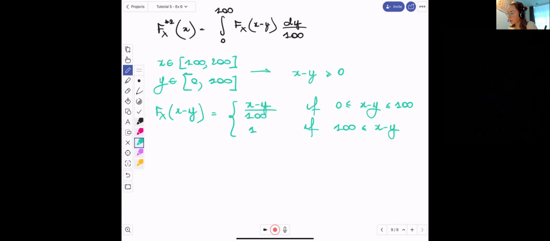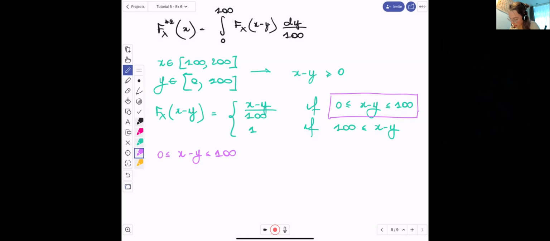So from this first condition, we know that the cumulative distribution function evaluated in x minus y will be equal to x minus y divided by 100 if 0 is smaller than or equal to x minus y is smaller than or equal to 100.